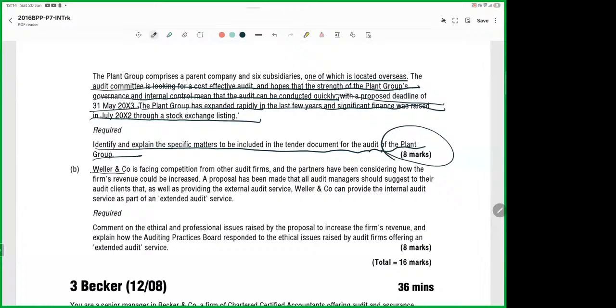A company is facing competition from other audit firms, and the partners have been considering how the firm's revenue could be increased. A proposal has been made that all audit managers should suggest to their audit clients that, as well as providing the external audit service, the company can provide the internal audit service as part of an extended audit service, which is really good.